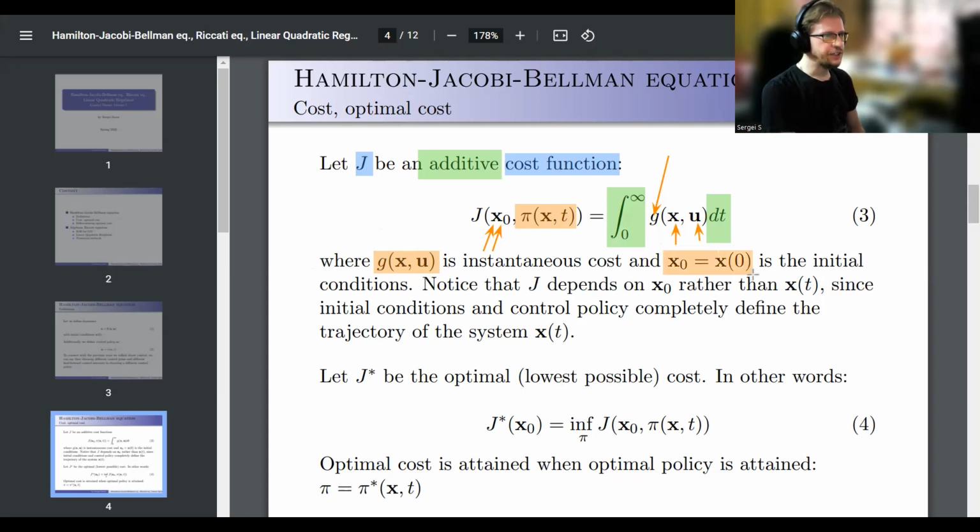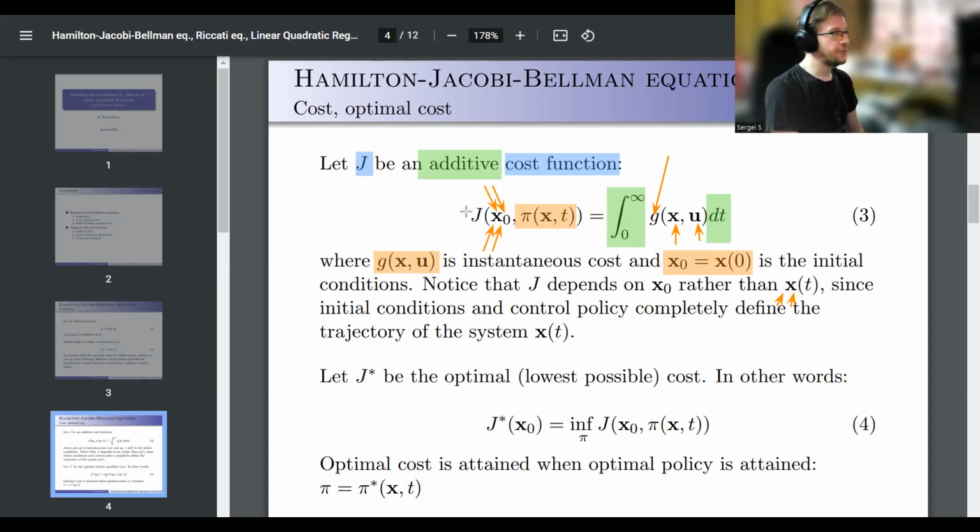And now this is the initial condition, x of 0. Notice that here we have initial condition instead of x of t. Why? Because if you know the control policy and you know the initial condition, you can solve the Cauchy problem to find x of t.